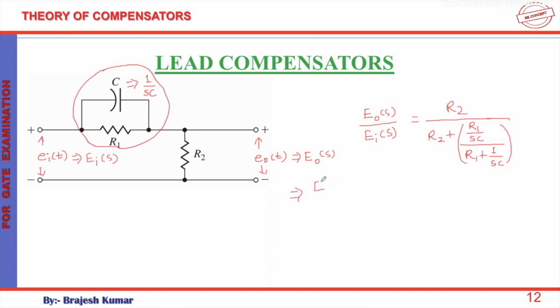So I'll have EO(s) upon EI(s), that will be given by s plus 1 upon R1C, divided by this whole term, which will be s plus 1 upon R1C multiplied by R2 divided by R1 plus R2.